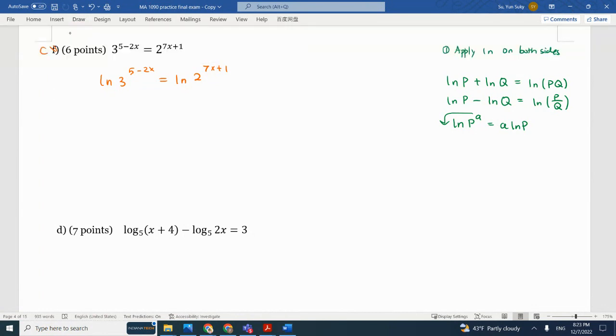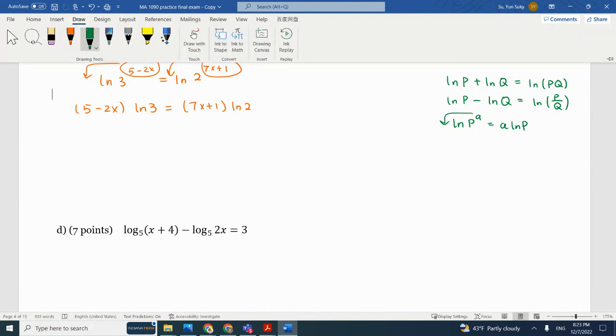Therefore, here we move the 5 minus 2x in front. But when you move it, don't forget the parentheses. Because without the parentheses, it'll be wrong. So parentheses, very important. So here you can write down the steps.